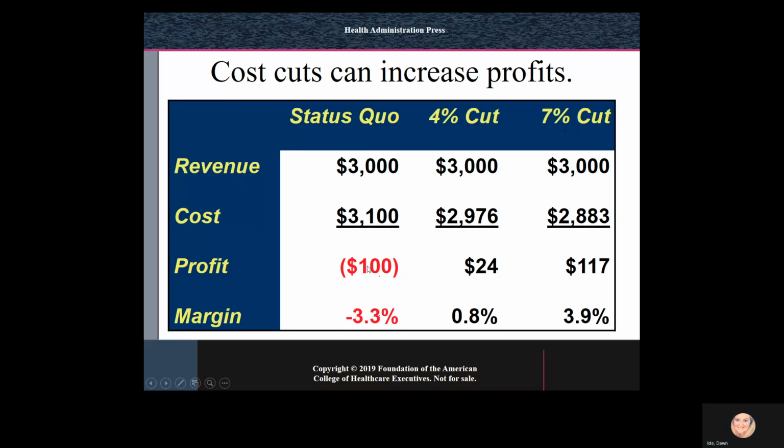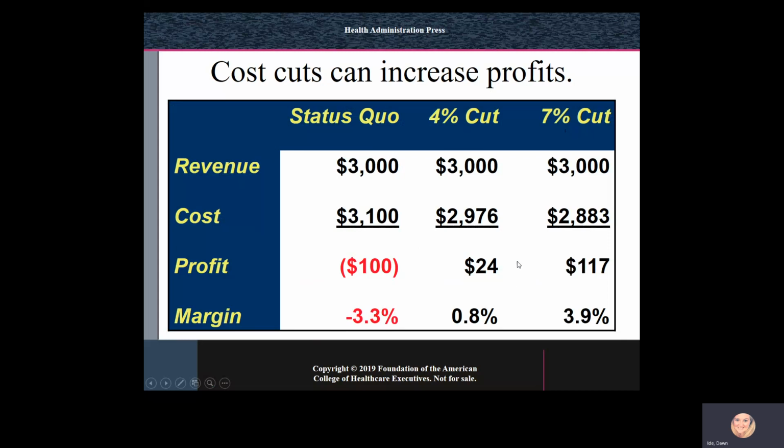Negative $100. So the margin was negative 3.3%. So in this, you realize that you have to cut your costs, right? Because your revenue is probably going to stay the same, but you have to cut your costs. So if we know that we lost money by a margin of 3.3%, let's do a 4% cut in our cost. So 3,100 at 4% would be 2,976.